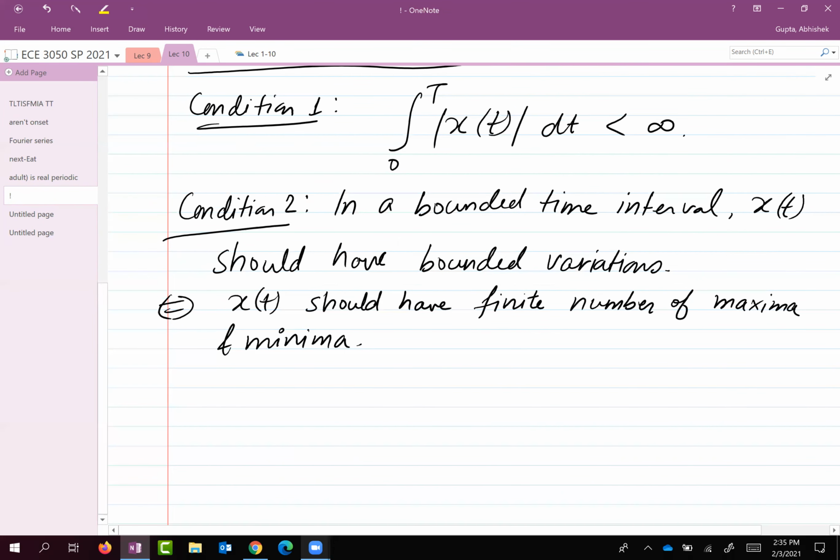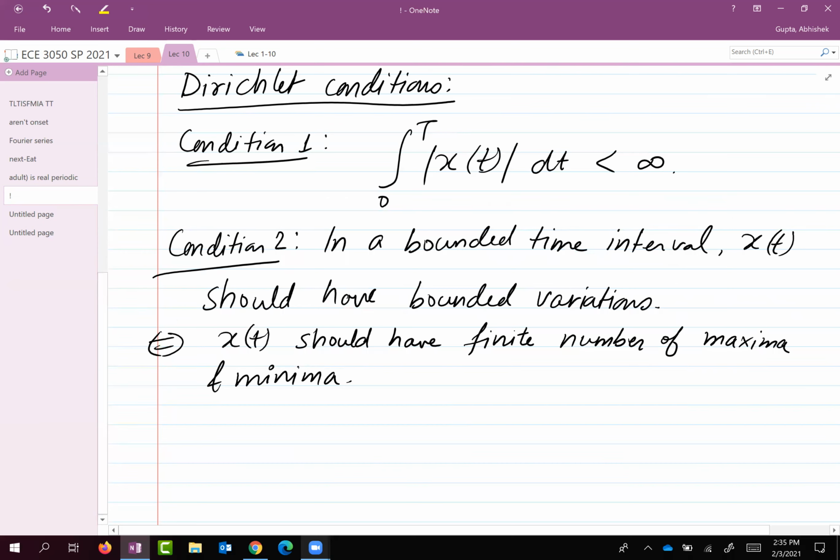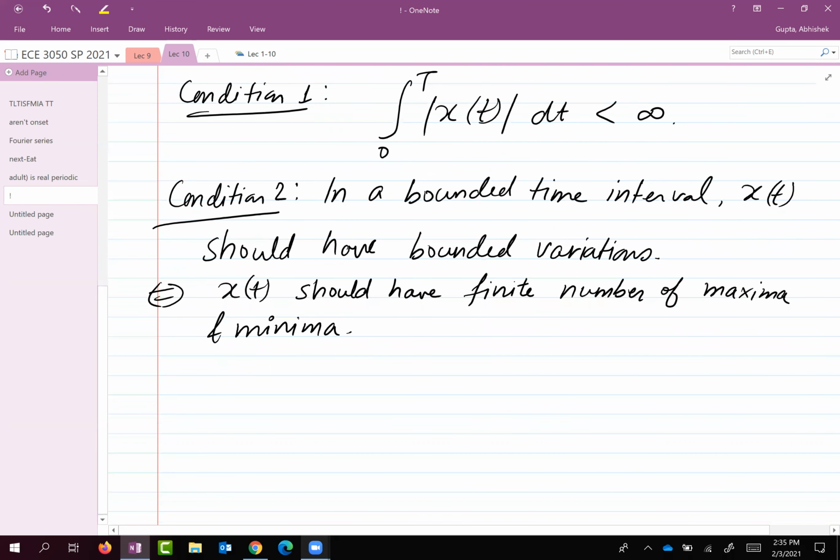The first condition is maybe not obvious, but the signal has to be absolutely integrable, which means that if you take the absolute value of x of t and integrate it from 0 to T, it should be finite. So the area under the curve of the absolute value of x of t should be finite. The second is that not only should the area be finite, but it should have a finite number of maxima and minima.